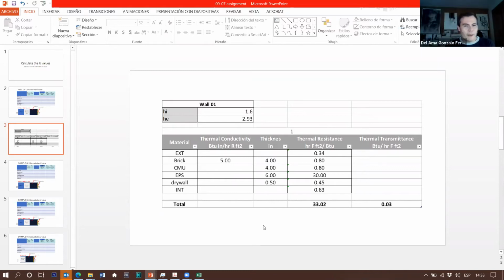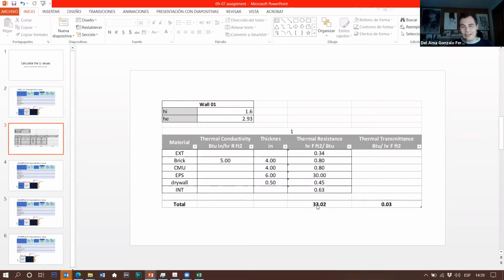Yes, sure. So 33, it's better than other walls because I think on Monday we made a few exercises and the R value was really low. It was 4 or 5. So this is very bad. 33, it's getting better. But well, you have said that I told you that 50 is a good value.